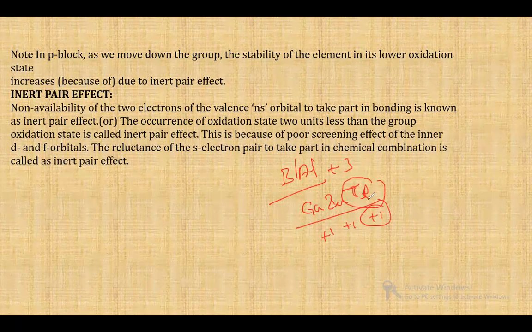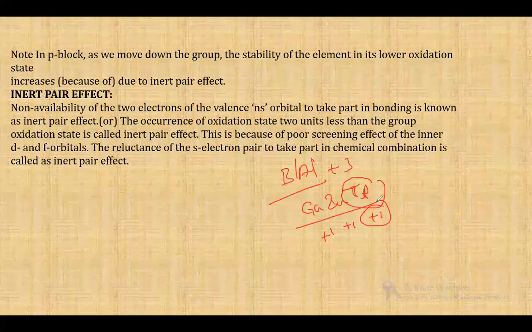Because atomic size increases, the force of attraction between the nucleus and the ns2 electrons decreases down the group, and there is poor shielding. From gallium onwards, because of poor shielding, the ns2 electrons are reluctant towards chemical reaction, that is, they are not involved in chemical bonding.